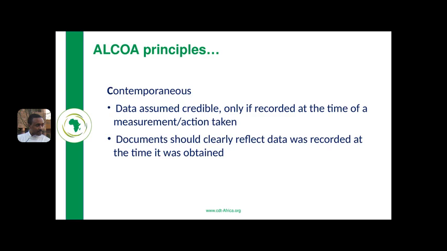So our source document should clearly reflect that the data was recorded at the time it was obtained, and we will be able to do that by indicating the time of the conduct or measurement and also the time of recording.